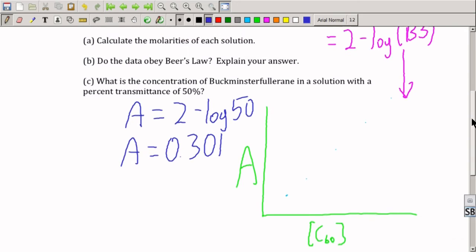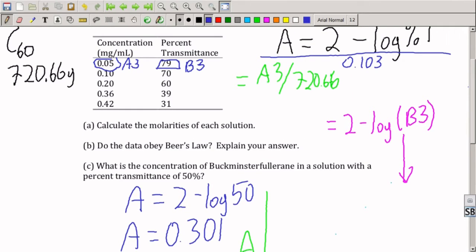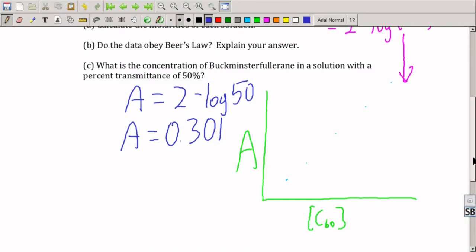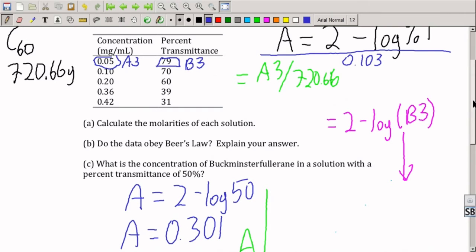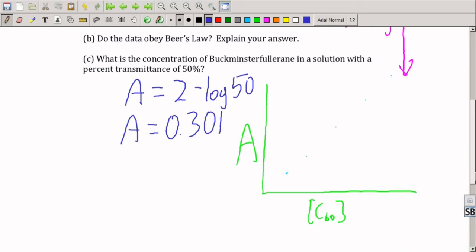Now, another question you want to ask, and I think it's going to work, is does that 0.301 absorbance fit in the range of absorbances that you get here? Because if you're going to do a Beer's law study and then measure the absorbance of an unknown, and my unknown has an absorbance somewhere up here, there's no guarantee that the Beer's law relationship is going to extend up to that line unless I have made measurements.